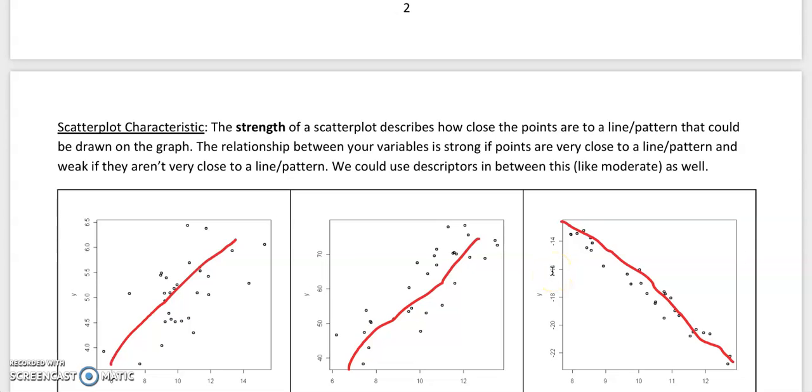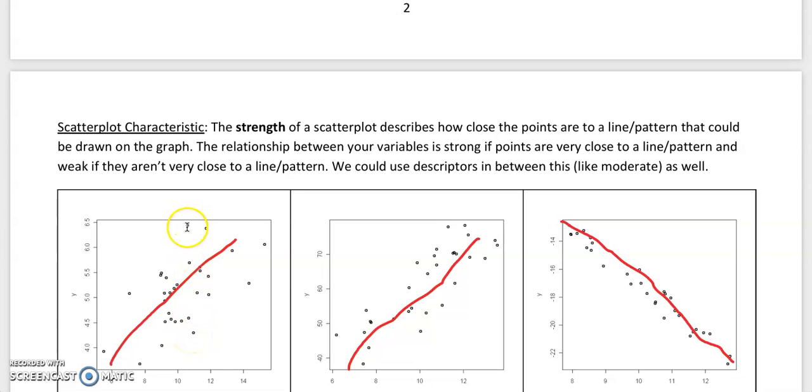On the other hand, over here on the left, there is a pattern that we're able to see. You can tell that as x goes up, y also tends to go up, but the points are pretty scattered above and below the line. Take, for example, right here, when x is a little bit above 10, I've got one y value way down here, close to 4.